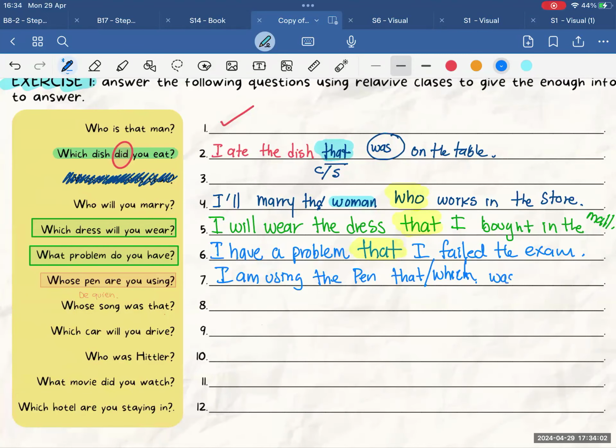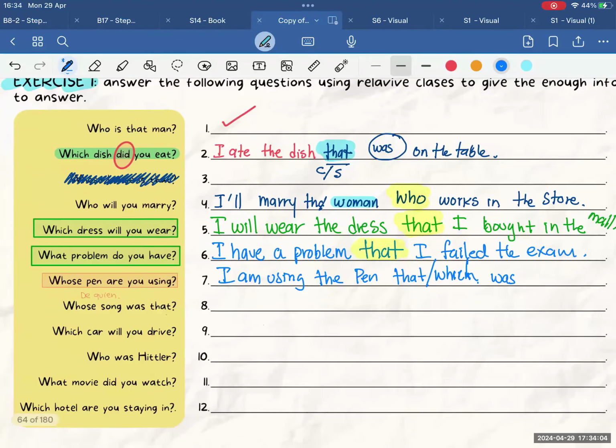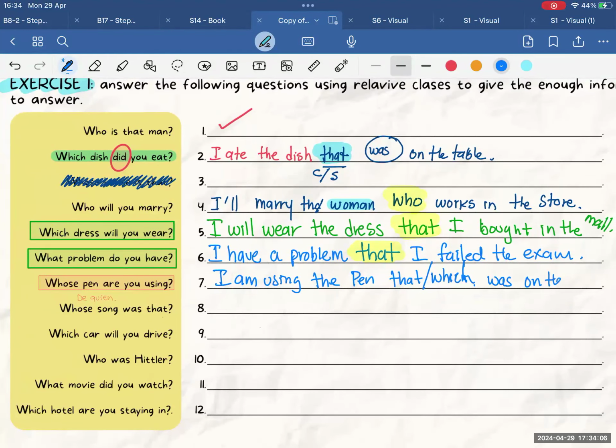Which was on the desk. Yo estoy usando la pluma que estaba en el escritorio, ¿ok?